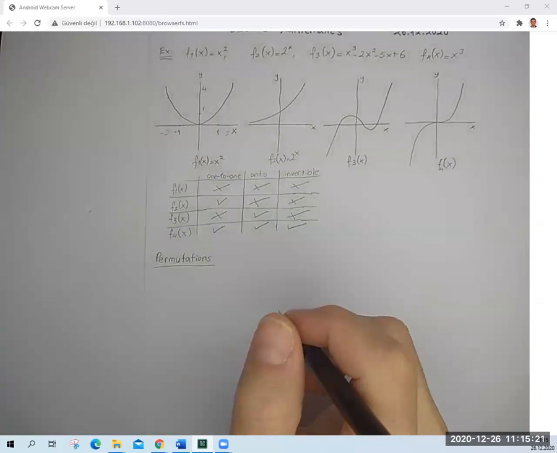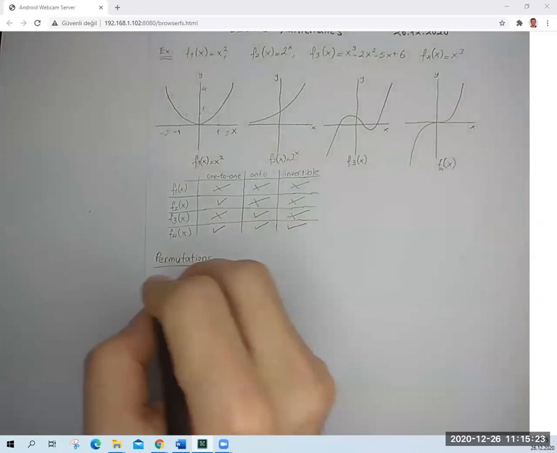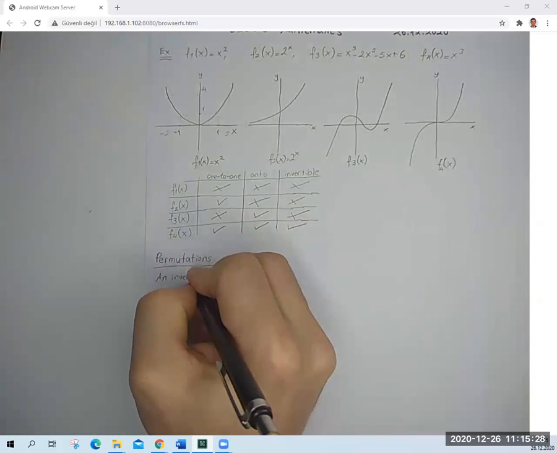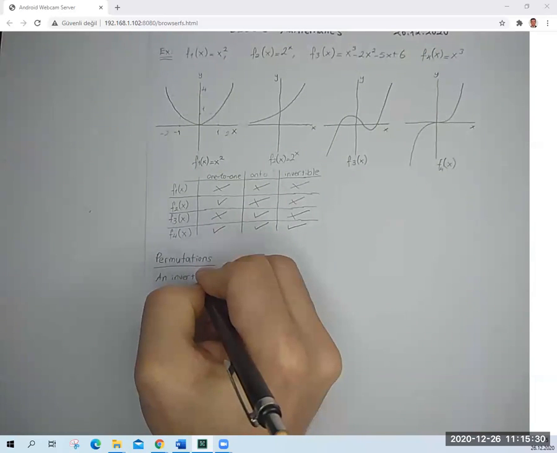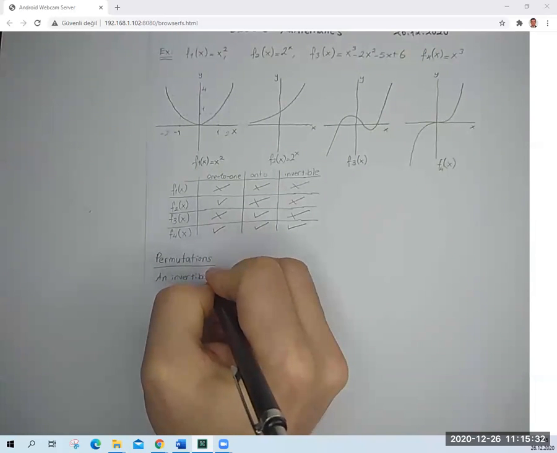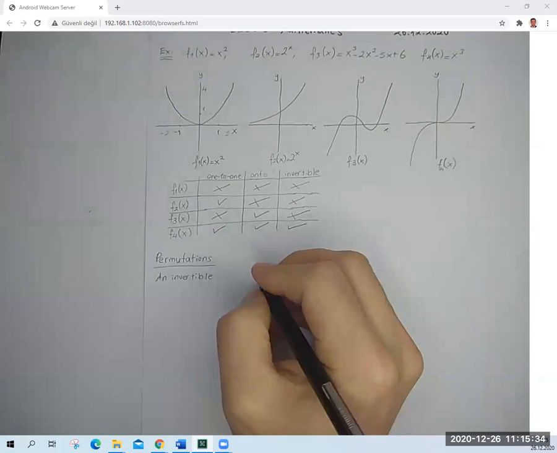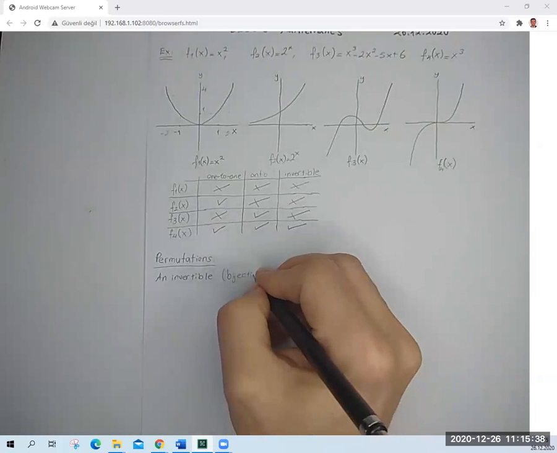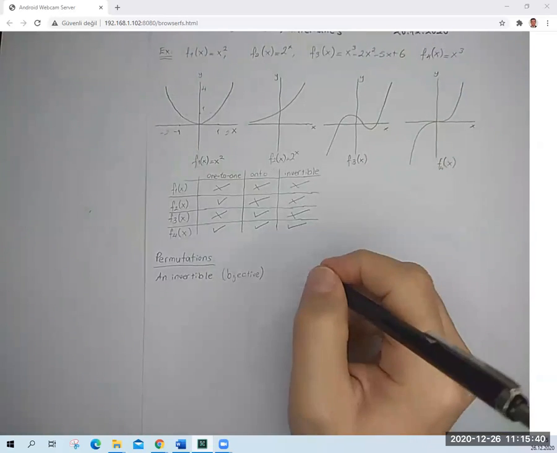Okay, there is the definition, and invertible, we know invertible as bijective. There is a second explanation for the invertible function.